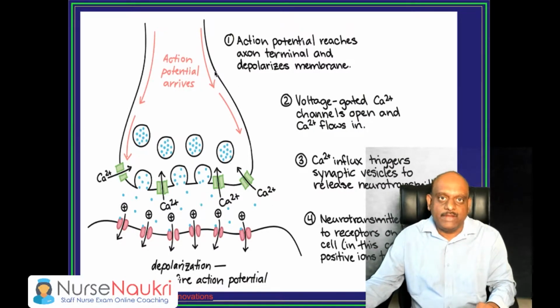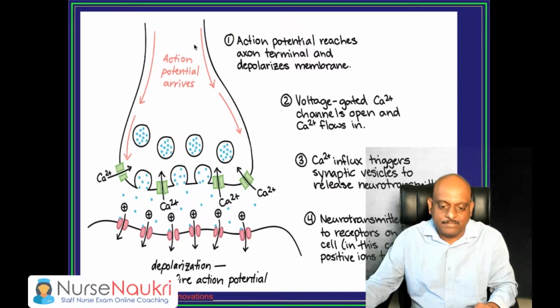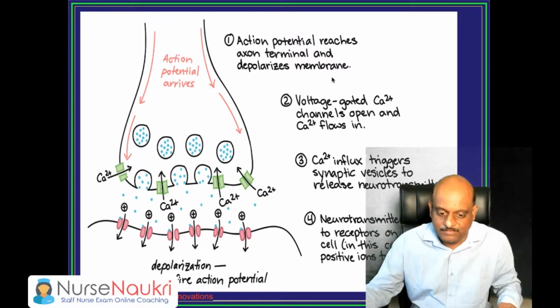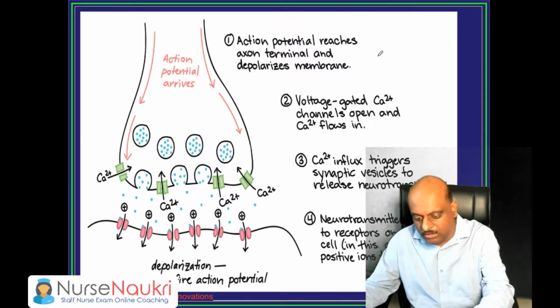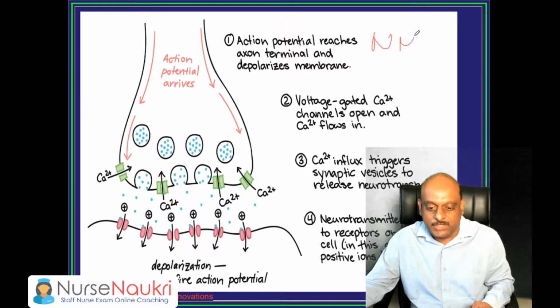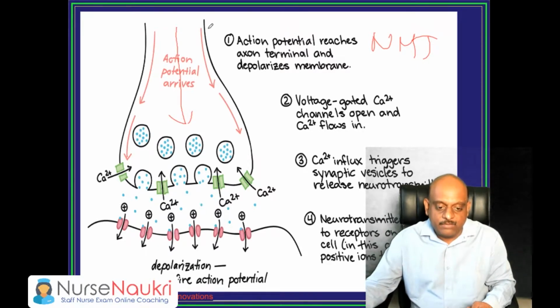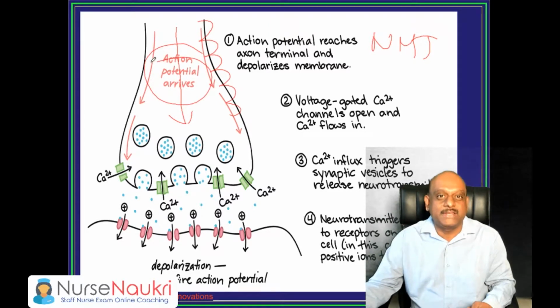Whenever you study this, you should know a bit about the neuromuscular junction. We are going to talk about the neuromuscular junction. Whenever the nerve comes, the nerve brings an electrical activity in it that is called an action potential.